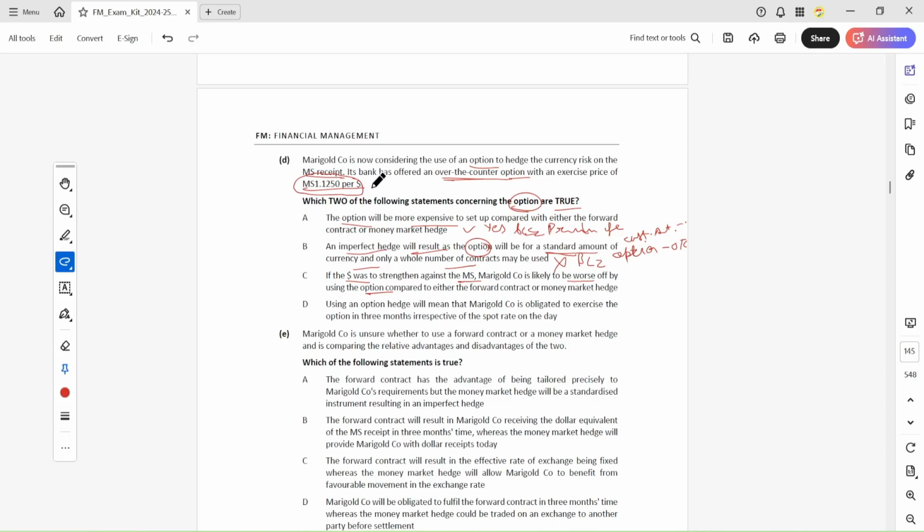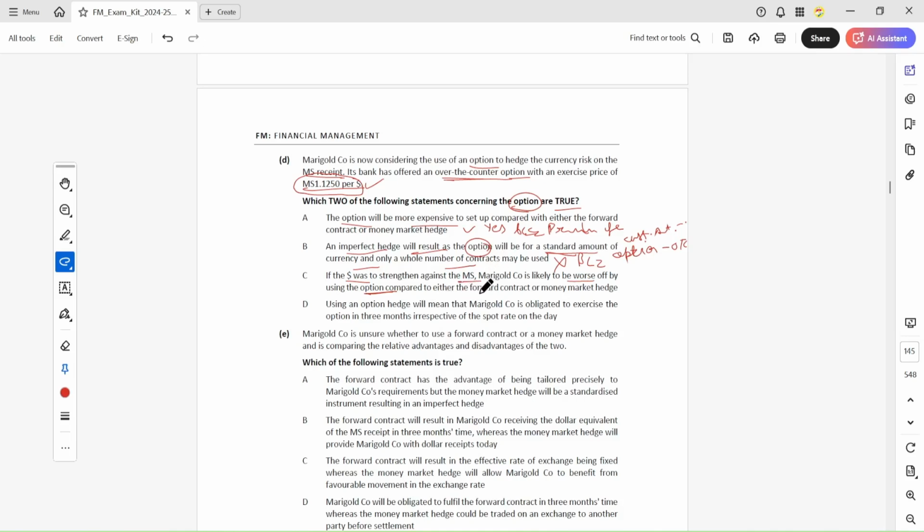Okay, so it means we are forced to exercise the option. If they exercise the option, they have to pay the premium, right?